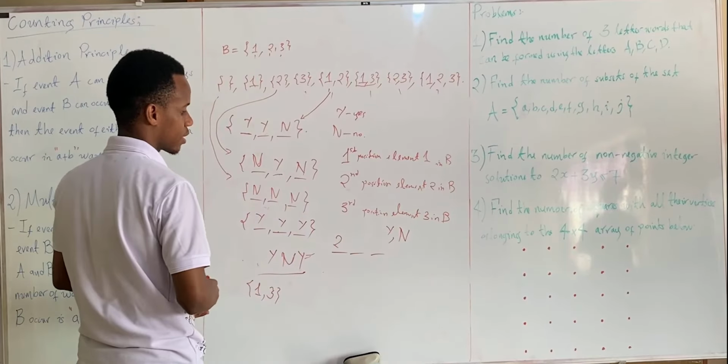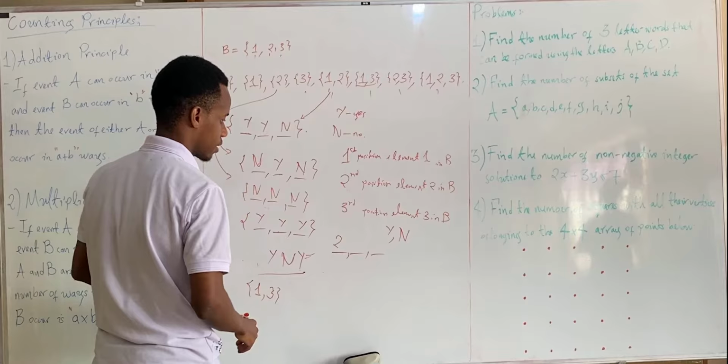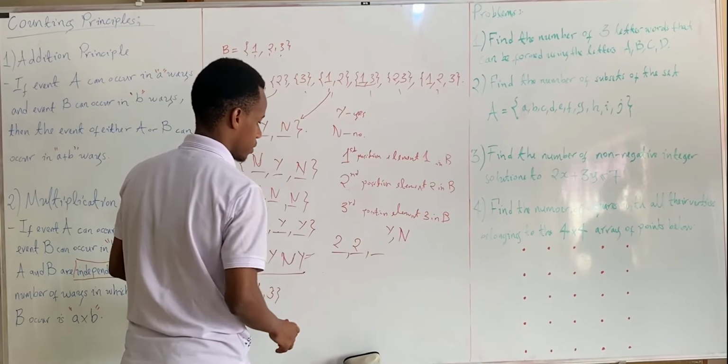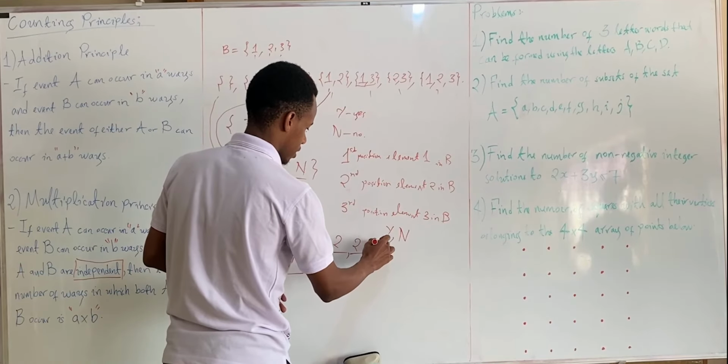And the second position is not affected by the first position and can also be filled in 2 different ways, either a yes or a no. The same goes for the third position.